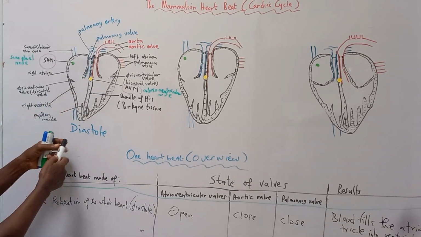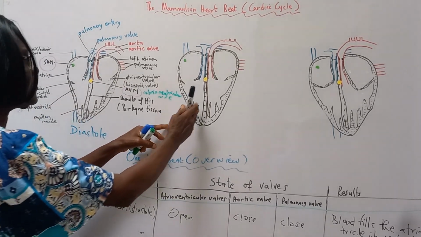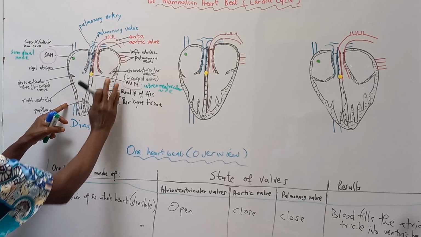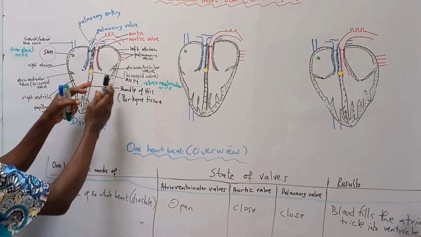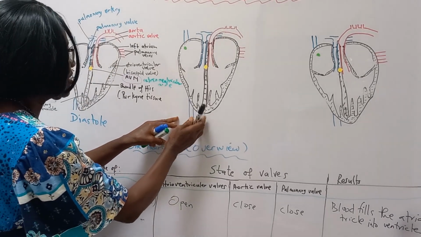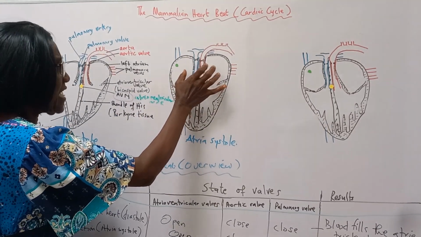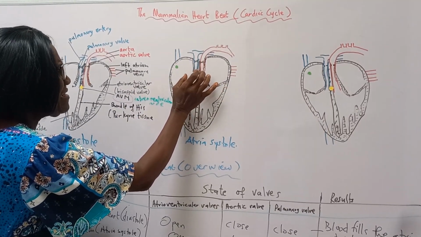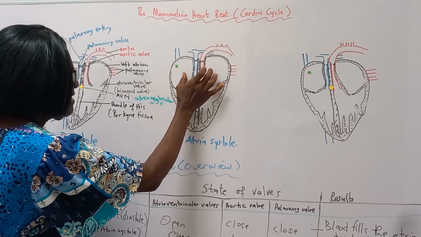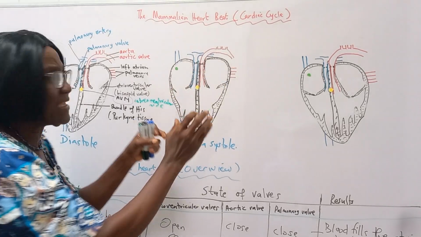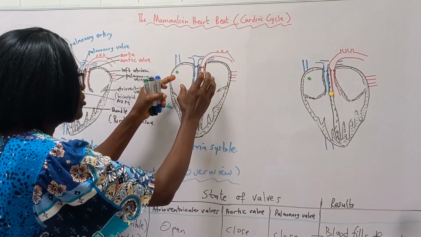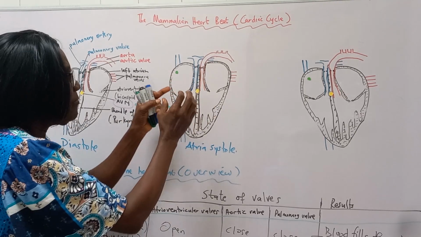Then after diastole, we have systole. After the whole heart has relaxed and blood has filled in, you have contraction of the atria. The 2 atria contract. The right atrium contracts slightly earlier than the left atrium, but it looks like the 2 atria contract together.